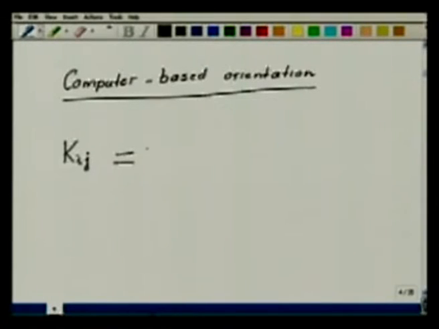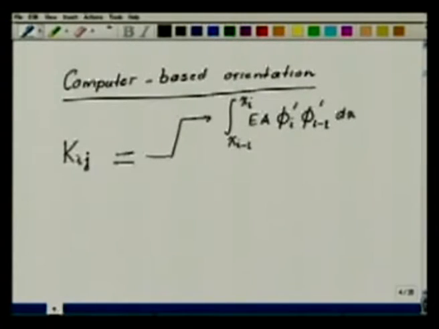For j equal to I minus 1, what do we have? For j equal to I minus 1, I will have in the element x I minus 1 to xi, if you remember, it will be equal to the integral of Ea phi I prime phi I minus 1 prime dx for j is equal to I minus 1.